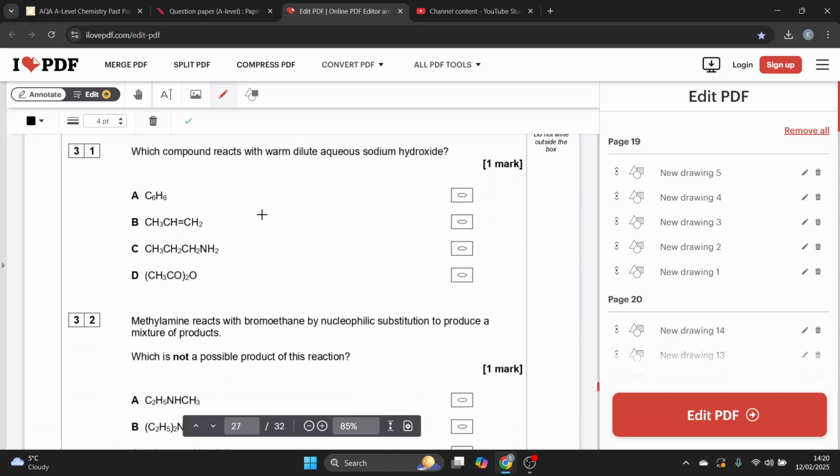Question 31. Which compound reacts with warm dilute aqueous sodium hydroxide? Warm dilute aqueous sodium hydroxide, so it's going to be nucleophilic substitution.